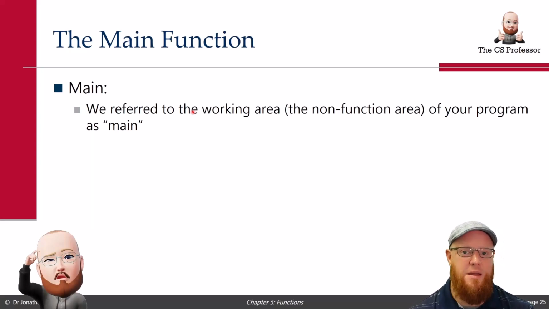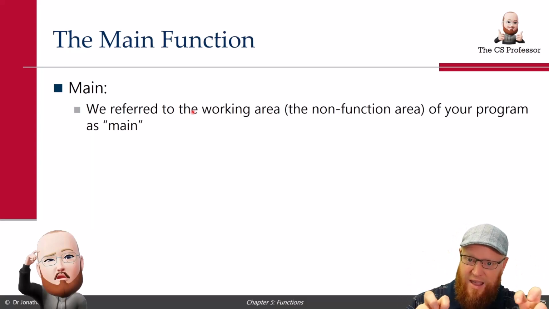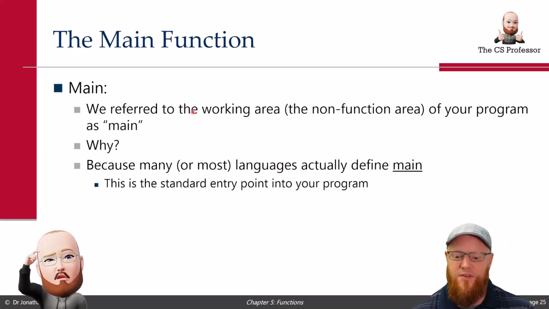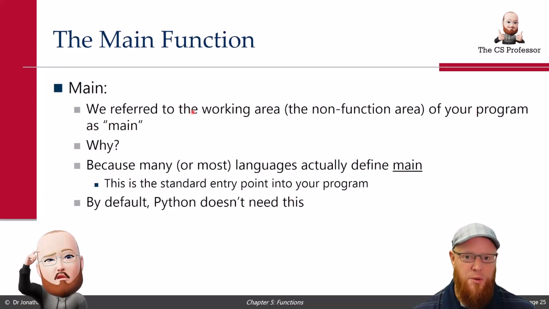I just referred to that main working area of your program as your main working area. Why? Because most languages, you look at all of the C languages, C, C++, C#, Java, most languages actually define this main working area as a main function or as a main method, your main entryway into your program.